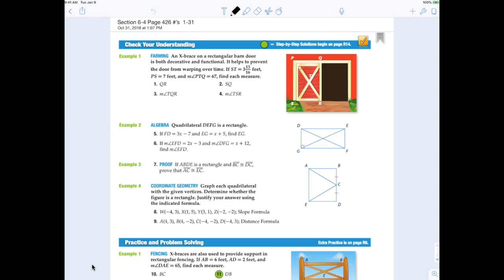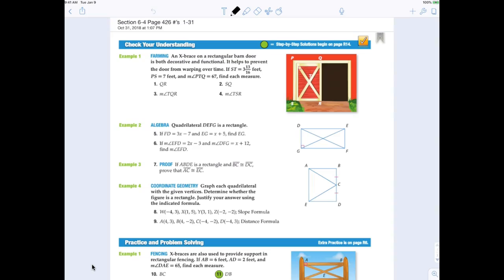So we know just by the definition of a parallelogram that the opposite sides are congruent and the opposite angles are what? However, obviously in a rectangle, not only are the opposite sides congruent, but all four angles are what? Congruent. Okay, so that's the main difference.